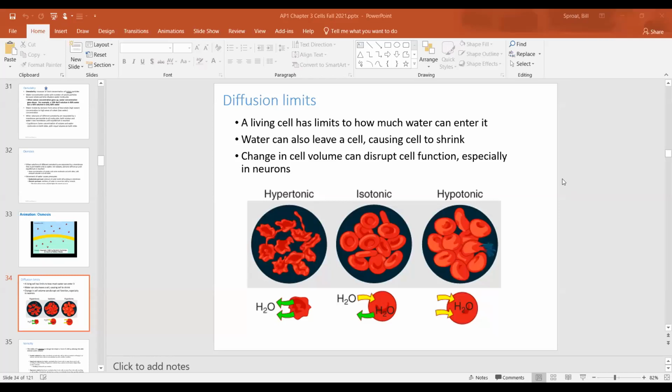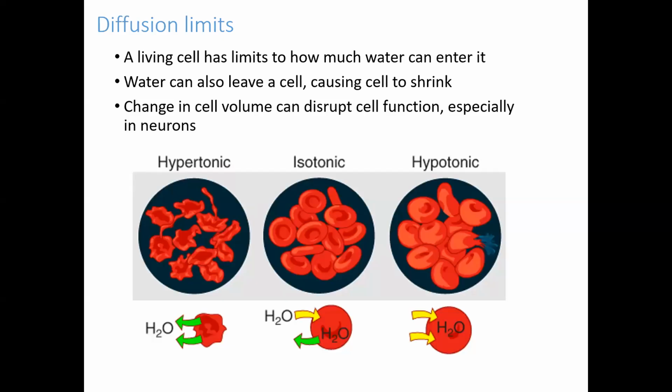Okay, everybody should see the slide. It says diffusion limits. And the reason we're talking about that today is that there are three terms here that we were involved with. When we're talking about water movement in a cell, we're talking about hypertonic, isotonic, and hypotonic.